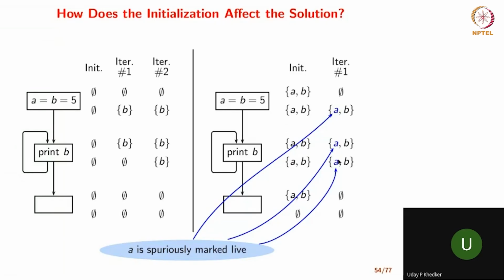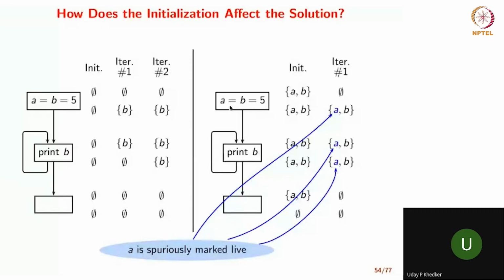Note that this marking A as live is a harmless error. You'll end up keeping it in the register, but you're not going to miss out on the value. If you mark A as live, you will not be able to eliminate the assignment to A, but it is harmless because it doesn't change the behavior of the program.